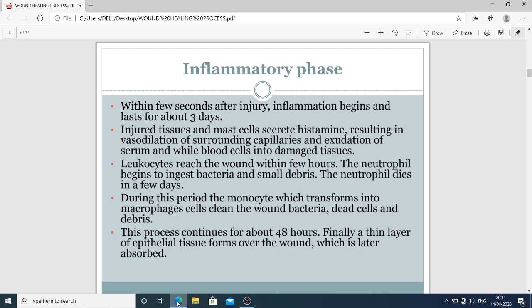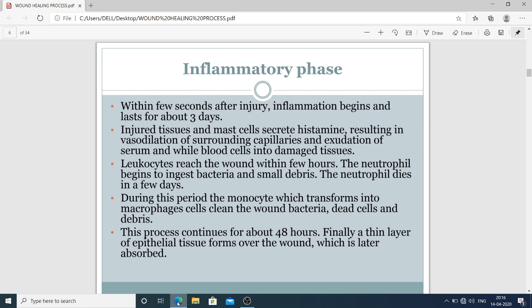Leukocytes are also part of our body's immune system. They help the body fight infection and other diseases. Then the neutrophil begins to ingest bacteria and small debris. What is the neutrophil? Neutrophil also is a kind of white blood cell.